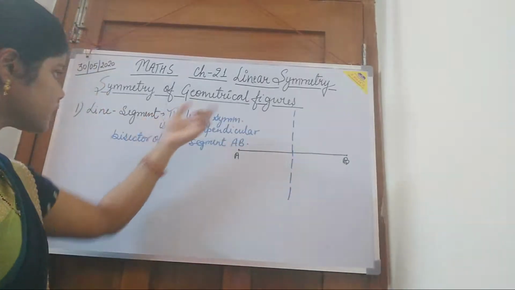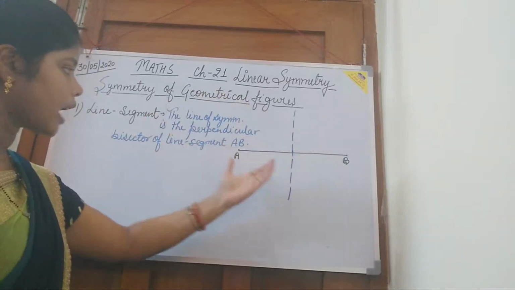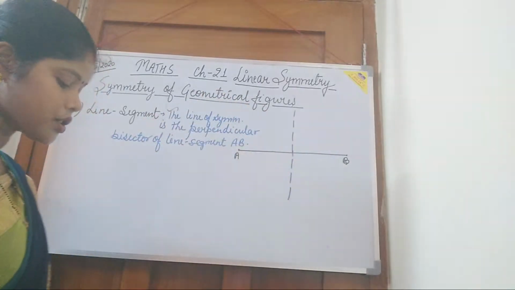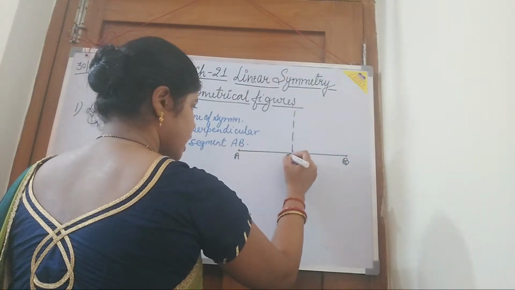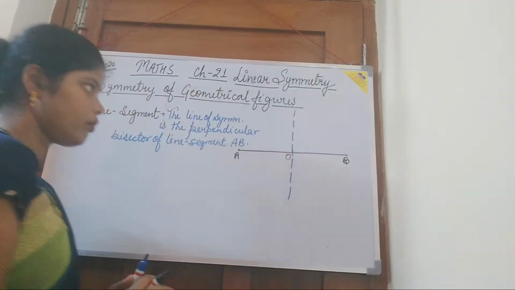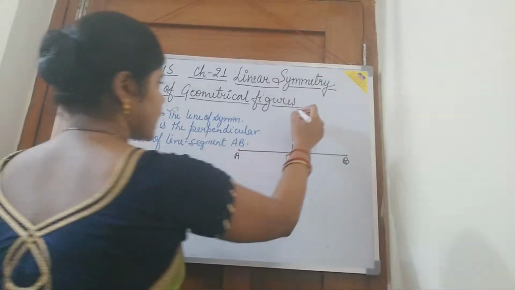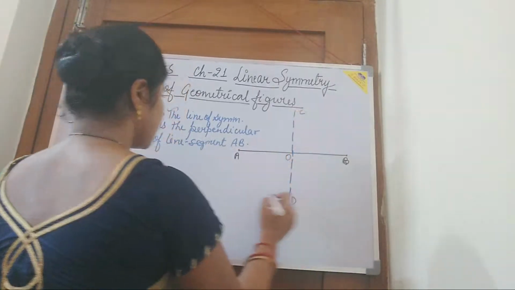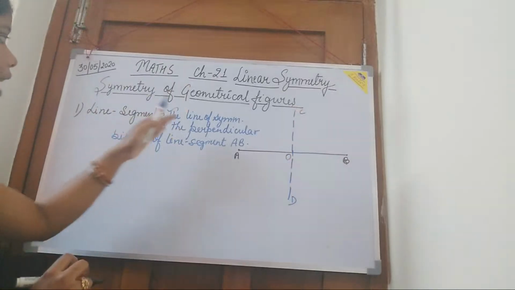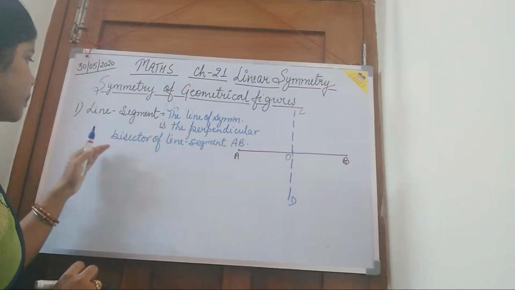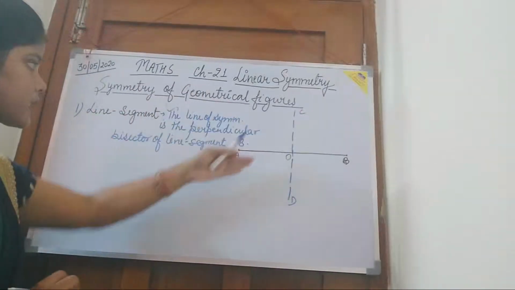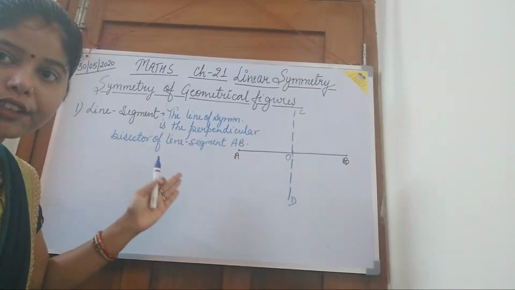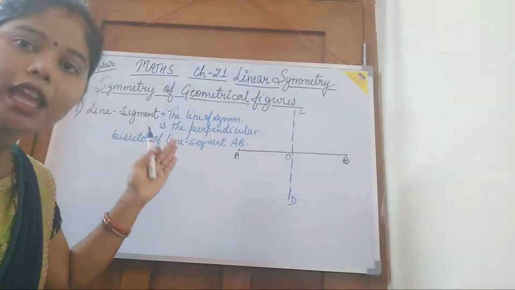This dotted line divides the line segment into two identical parts, and wherever it bisects, name it O, and this line CD. So the line of symmetry is the perpendicular bisector of line segment AB.